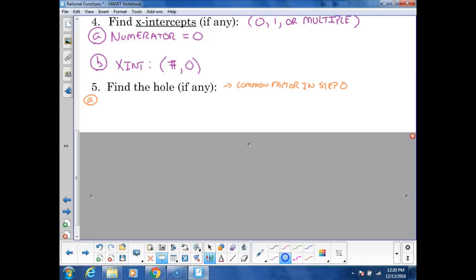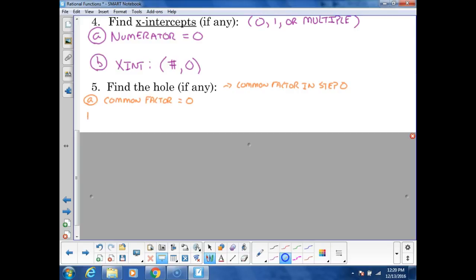And you set it equal to 0. Set what equal to 0? The common factor. And then you take that number and plug it into the function to find the y.